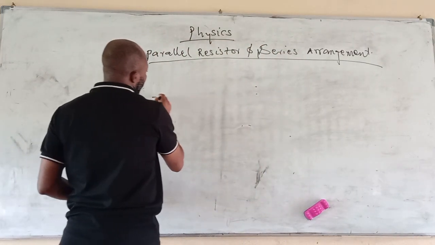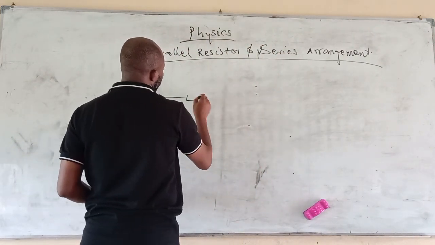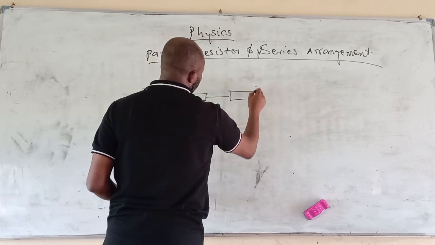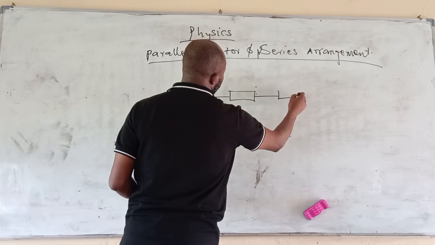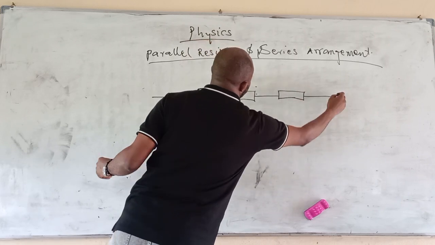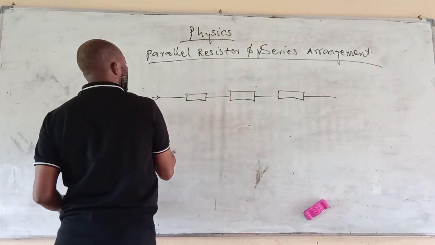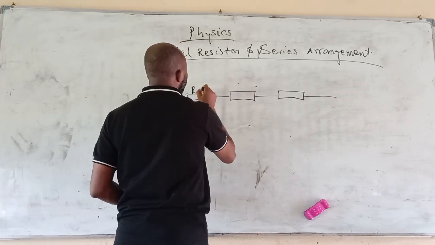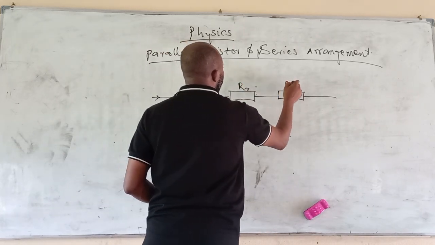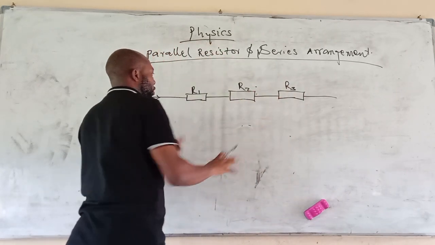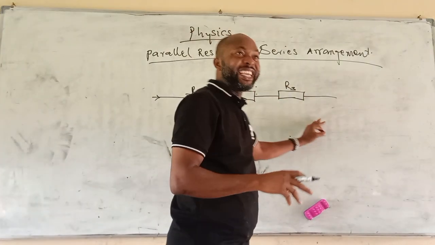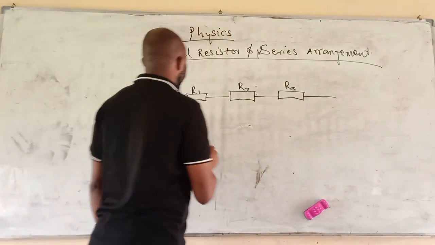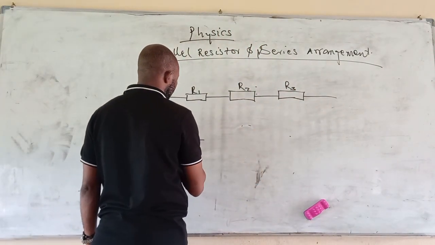Alright, these are my resistors, R1, R2, R3. This is the symbol of resistors, and this is what it means that when they're in series, they look in this manner. But when they're in parallel, for example, we have something like this.